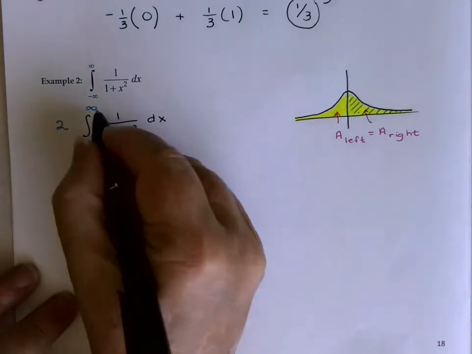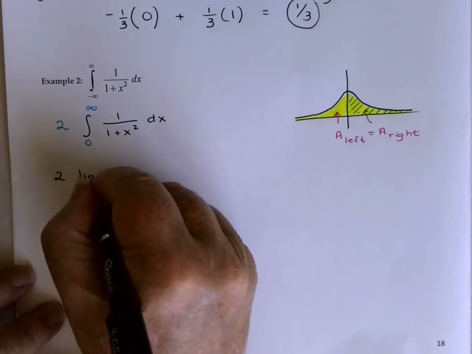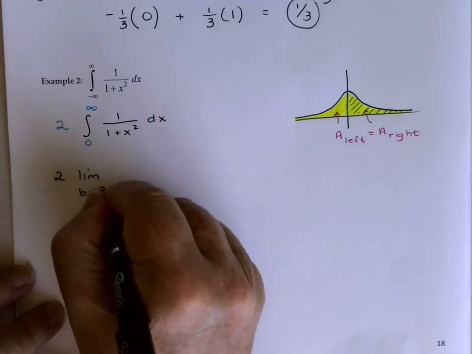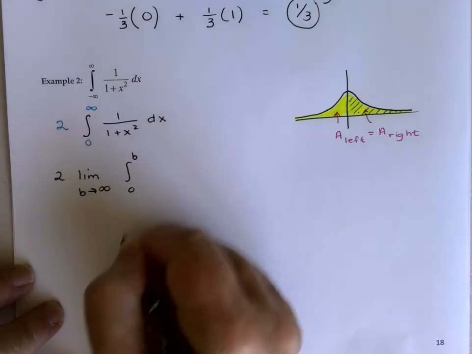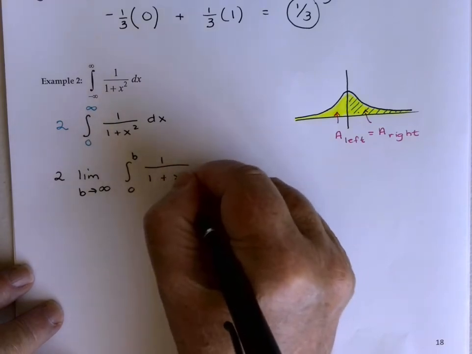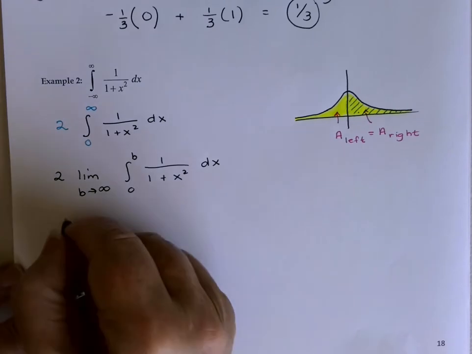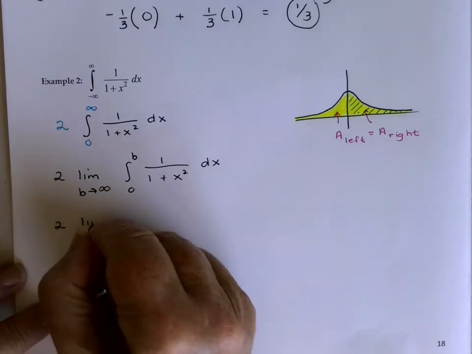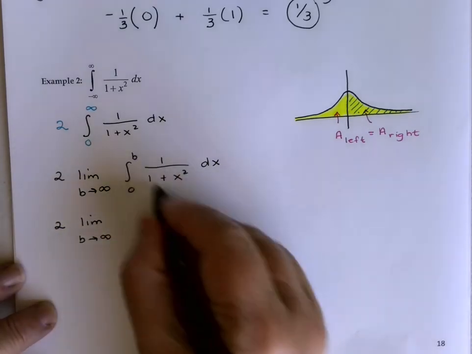All right, I still can't have infinity in my limit, so I'm going to have 2 times the limit as b goes to infinity, and then integral from 0 to b of 1 over 1 plus x squared dx. That's one we've seen a few times, right?